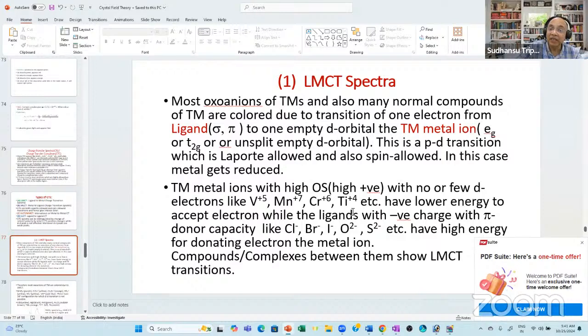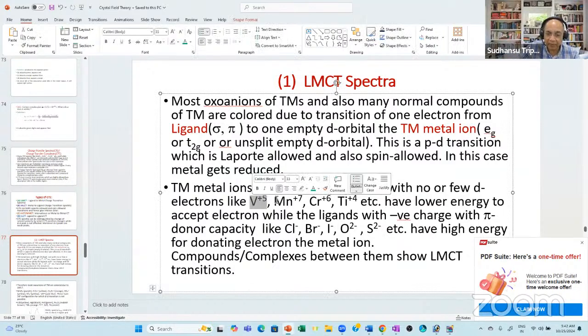If there is no d electron or at least few d electrons, the oxidation state should be very high so that it will have a strong tendency to attract electron from the ligand. So that is the symptom, whether it is LMCT or MLCT. For ligand to metal, LMCT, V plus 5, Mn plus 7, chromium plus 6, titanium plus 4, they all have D0 configuration. They are suitable for LMCT.